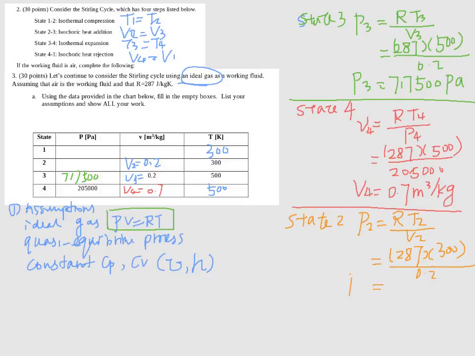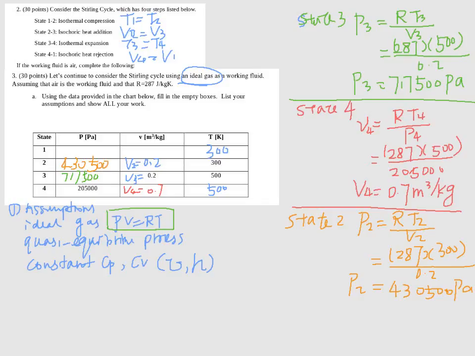That gives us P2 equal to 430,500 Pascal. So we can put this value in the empty box, 430,500.